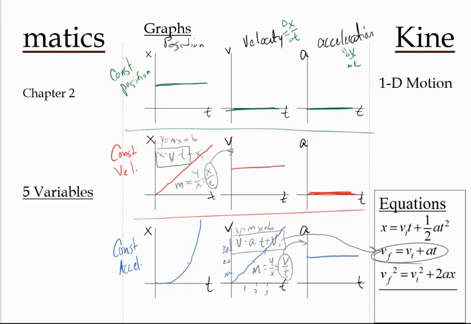We can also look at this guy and say, hey, when we talk about parabolas, don't they have a certain equation that's going to be y equals ax squared plus bx plus c? And the y value is our position.